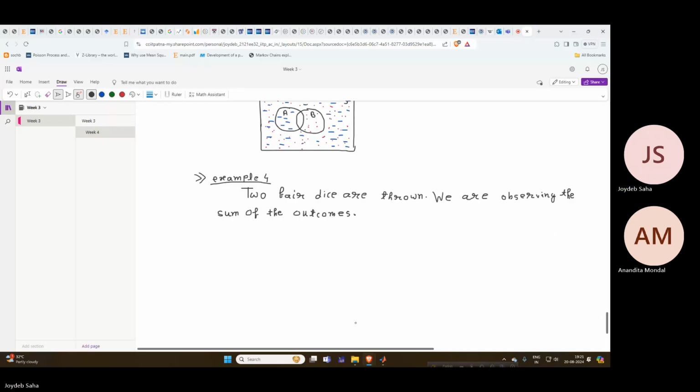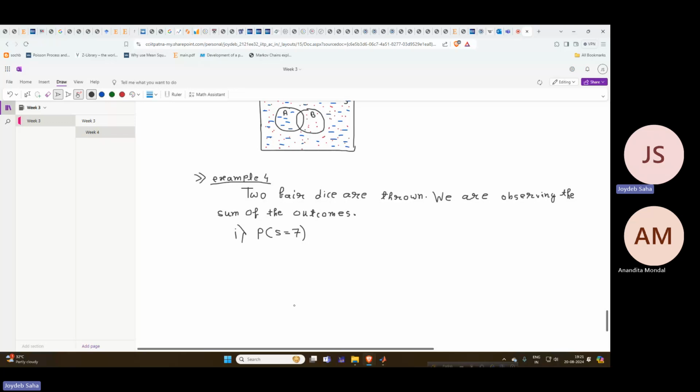Now, question 1 is, what is the probability that the sum, let S indicate the sum, is 7?